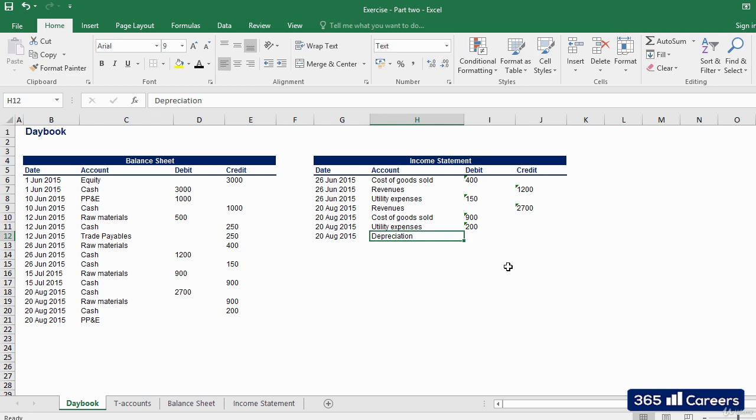At the beginning of our exercise, the two friends bought the stand for $1,000. The account that we opened is property, plant, and equipment, right? Okay. We need to show that the value of the stand decreased by 10%. It was $1,000. Now it is worth only $900. As you can imagine, this transaction does not include any cash movements.